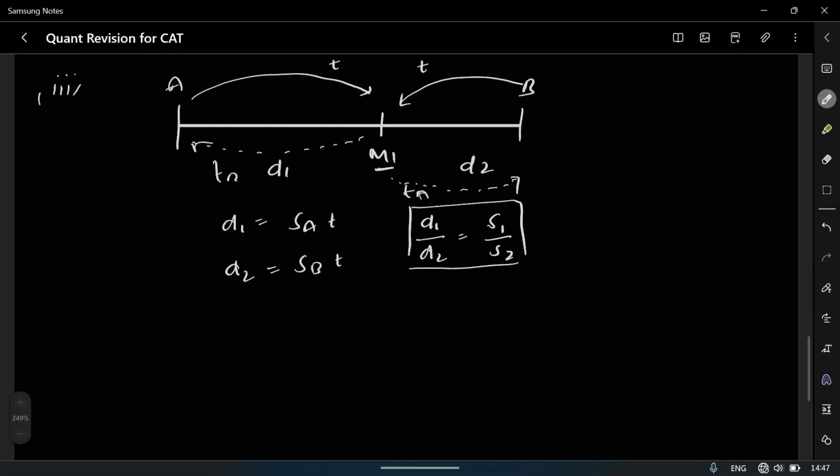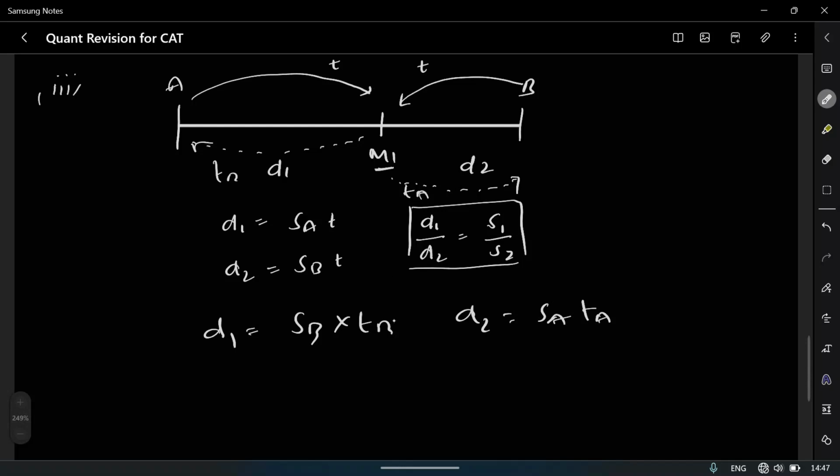So now D1 equals speed of B into TB. D2 equals speed of A into TA.